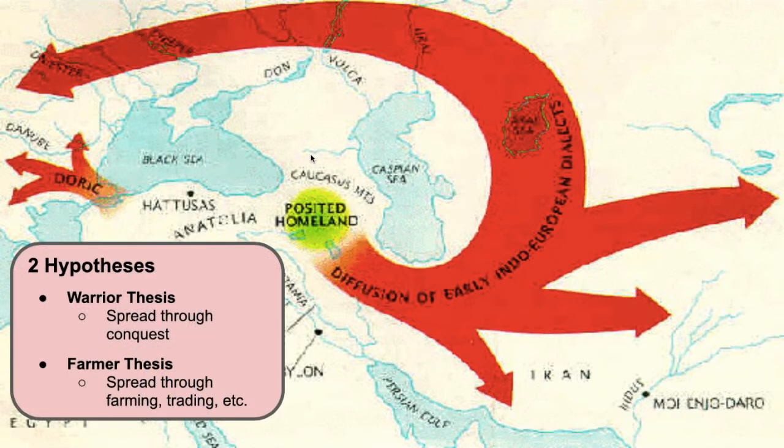So here's what historians think went down. And actually, there are two different theories behind this. There's the warrior thesis, which said that the Indo-European proto-language was established somewhere near the Caucasus, in this region that connects Russia, Southwest Asia, and Europe.